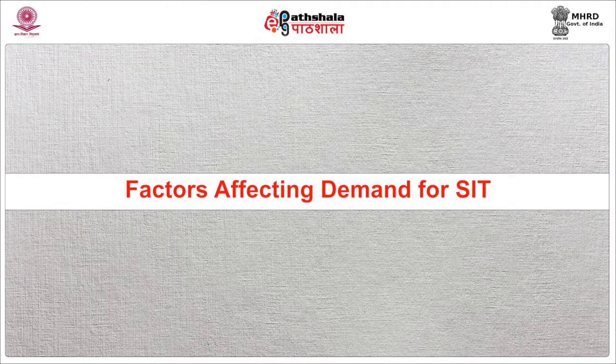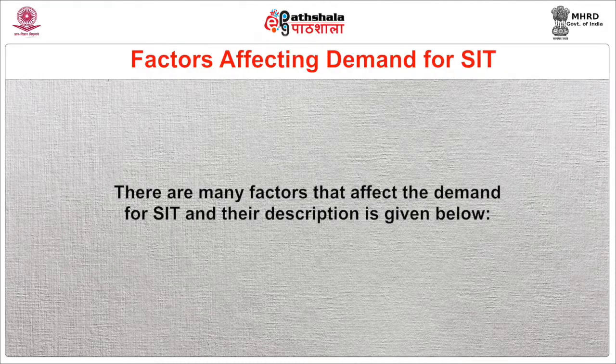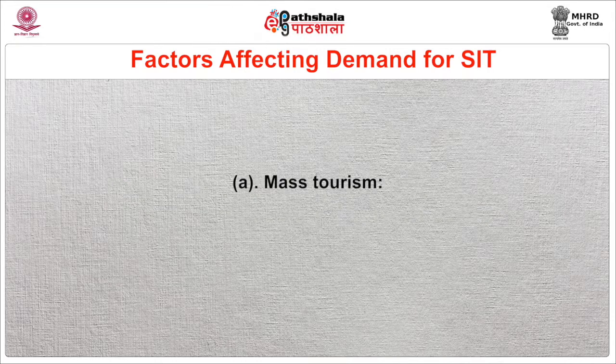Factors affecting demand for special interest tourism. There are many factors that affect the demand for special interest tourism, and their description is given below. A. Mass tourism. The emergence of special interest tourism has been just because of the negative impacts of mass tourism.